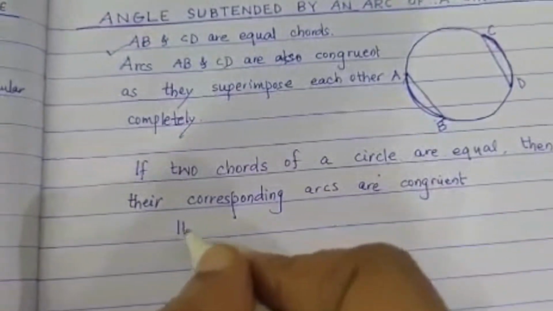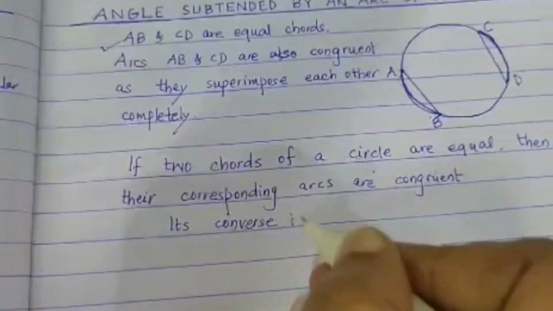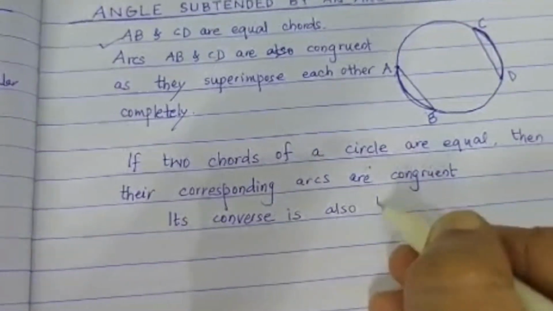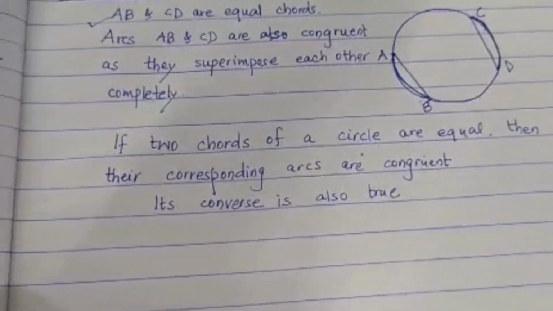Its converse is also true. That means if the arcs are congruent, then the chords are equal.